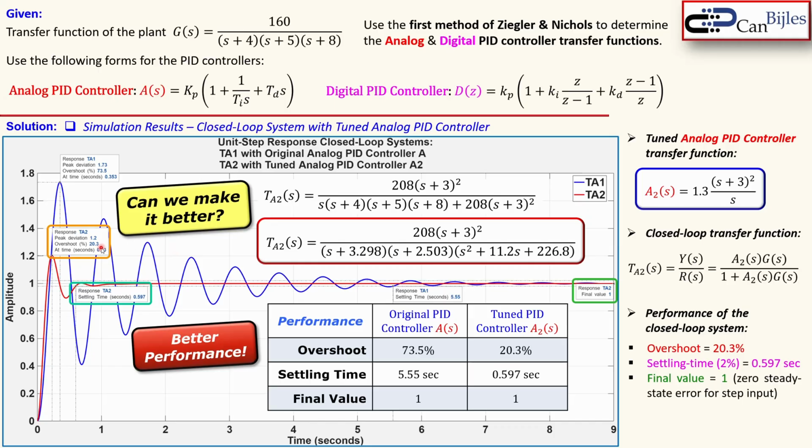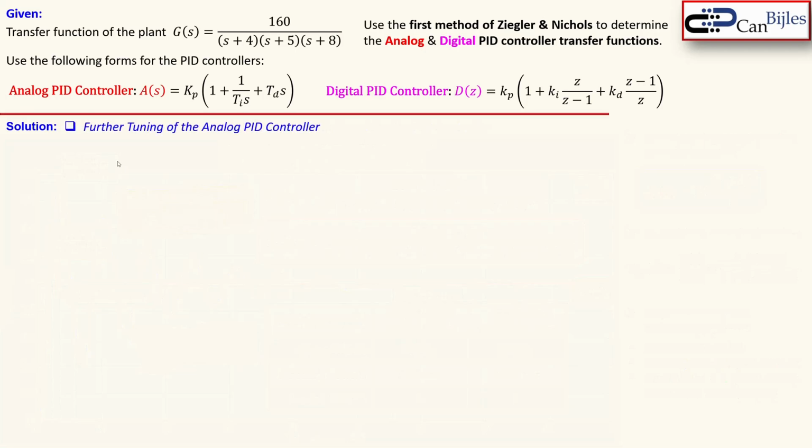Again, there is no specification here like the overshoot or settling time, so what I'm doing is looking for better performance as much as I can, because you can also say let's stop here because it's already good enough since there is no specification at all. That's true, but I will try to make it even better, and also show you how I can do that. So further tuning of the PID controller is my purpose now, and that is what I will show you to make it even better.